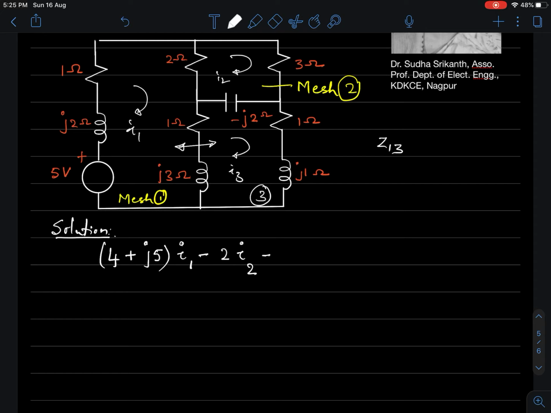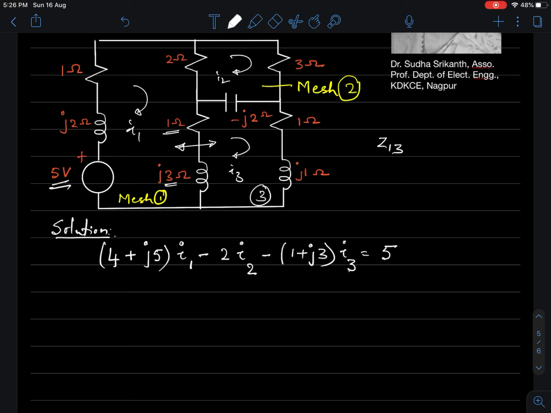You have 1 ohm as the real part, J3 as the reactance or imaginary part. It is taken as 1 plus J3. We have to put brackets, otherwise we may mess it up, into I3 equal to the source EMF, which in the clockwise direction is a rise in potential. This is 5.